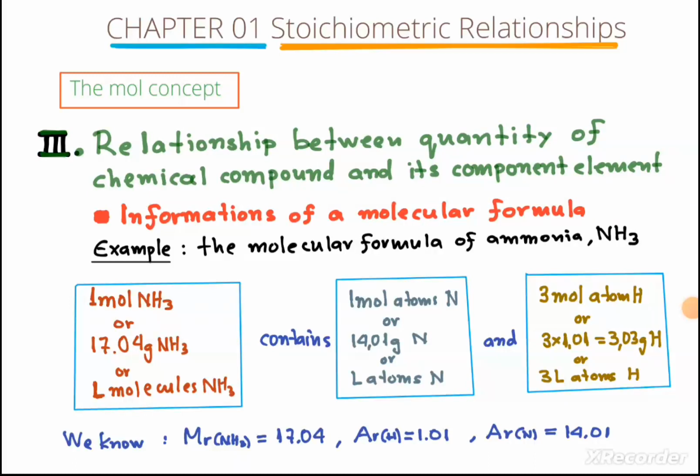We have 1 mole of ammonia, or 17.04 grams of ammonia, or L molecules of ammonia, which contains 1 mole of nitrogen atoms, or 14.01 grams of nitrogen, or L atoms of nitrogen, and 3 moles of hydrogen atoms, or 3 times 1.01 equals 3.03 grams of hydrogen, or 3L atoms of hydrogen.